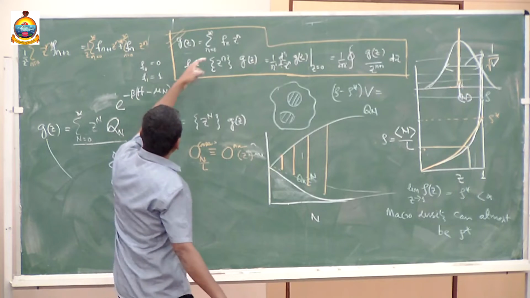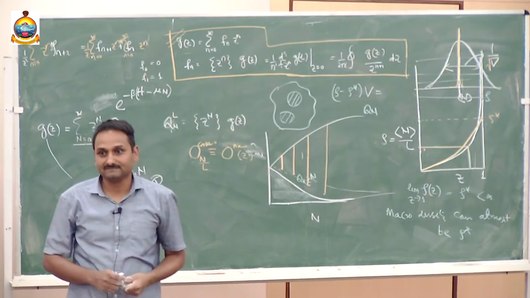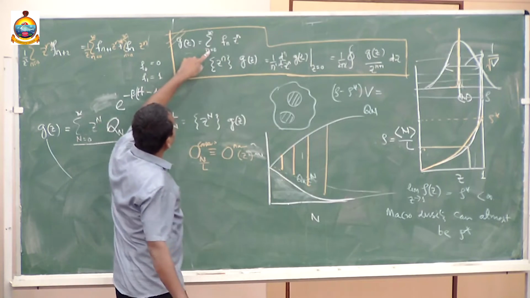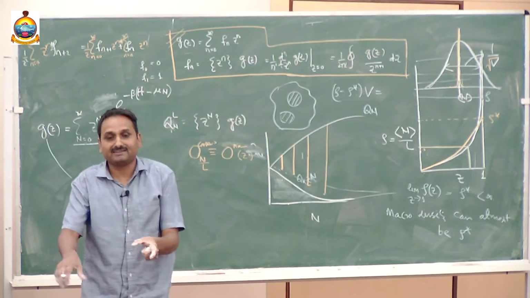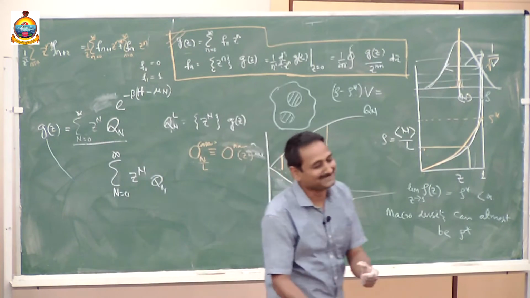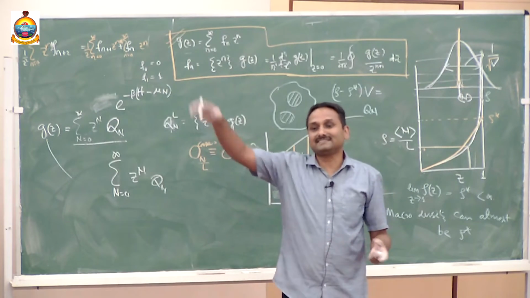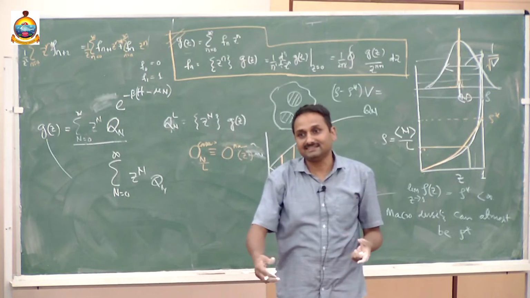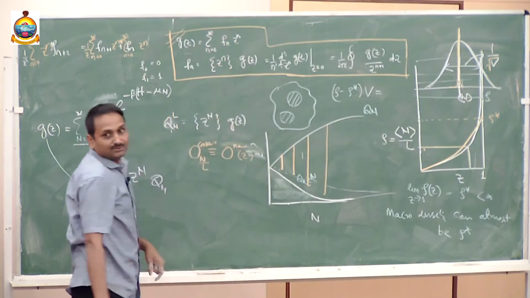So now let us think of n to be energy. Because energy has a kinetic part and a potential energy part, and kinetic energy doesn't have a limit, the sum is always 0 to infinity.